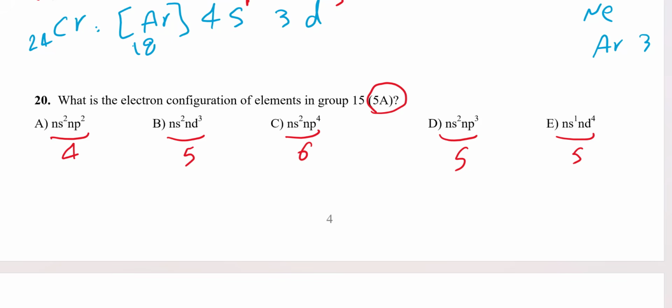But group 5 is not D block. From group 13 to group 18, it is P block. So after NS, we should have NP. So this is not the answer and this is not the answer. So the only electron configuration we have with 5 electrons is D.